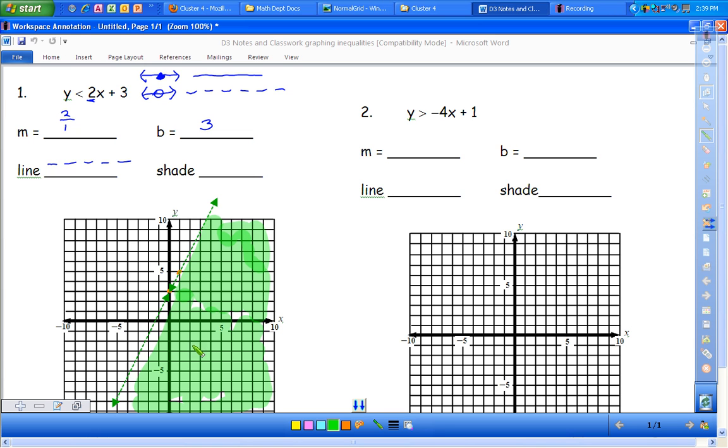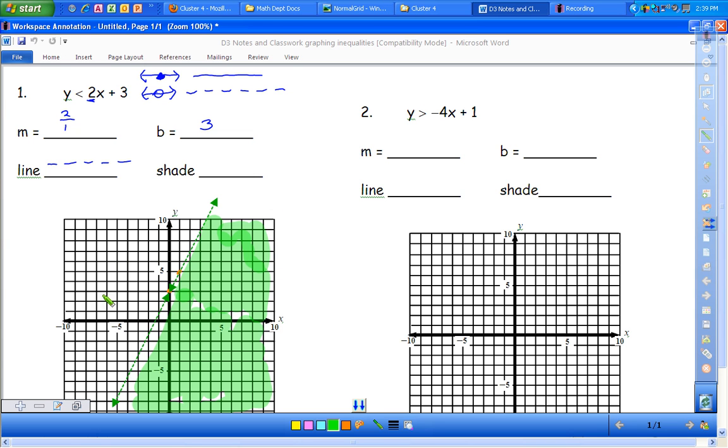So everything that's going to make this inequality true is going to lie down here in this half of the plane, which is one of our new vocabulary words. If you look up on the board, you'll see we have the vocabulary words boundary and half plane. Well, this plane goes on technically forever and ever in all directions. So when we draw a line anywhere on the plane, this right here, it divides that eternal plane in half.